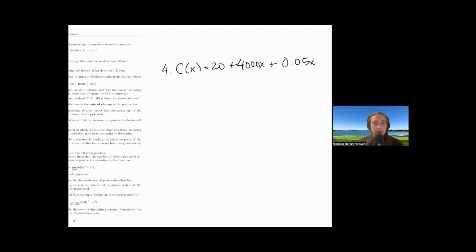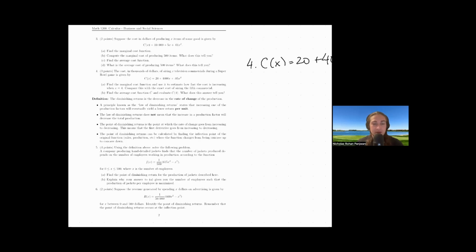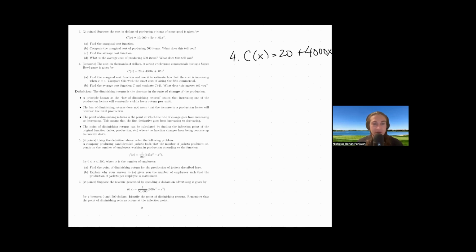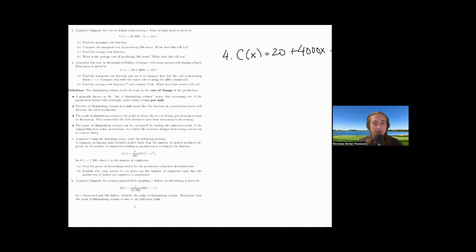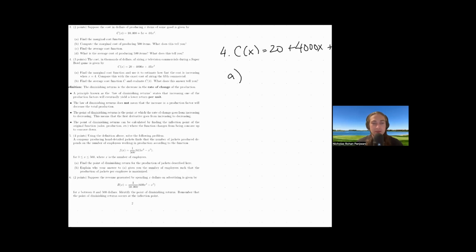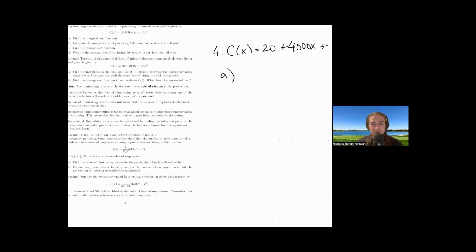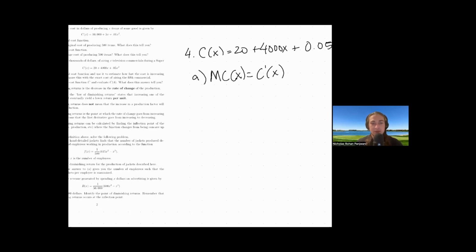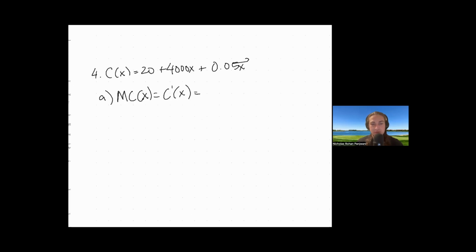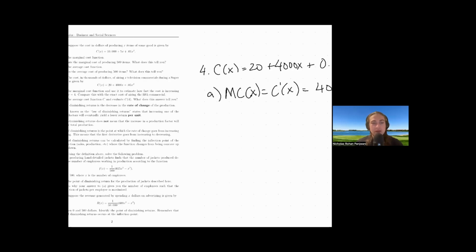Okay. Cost of airing X television commercials during a Super Bowl game, in thousands of dollars. Find the marginal cost function. Use it to estimate how fast the cost is increasing when X equals 4. Cool. So, marginal cost, derivative of cost.